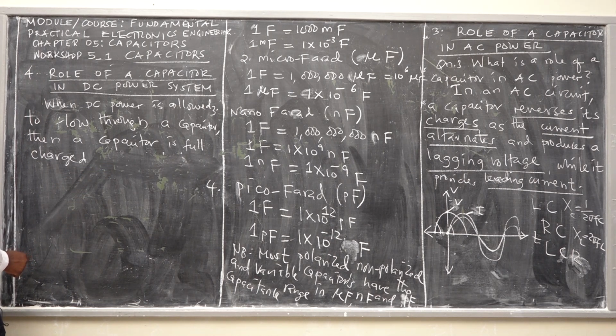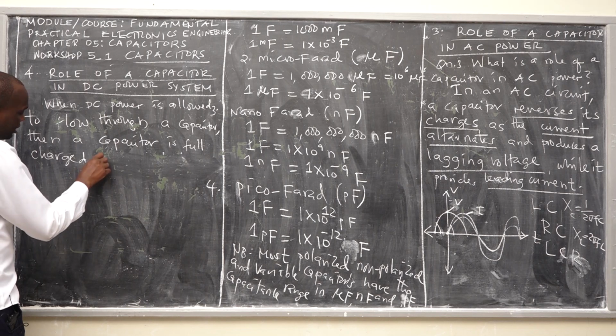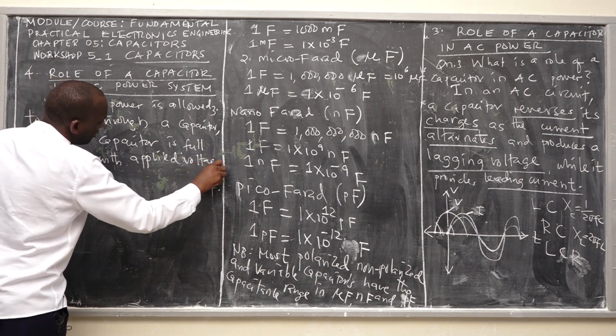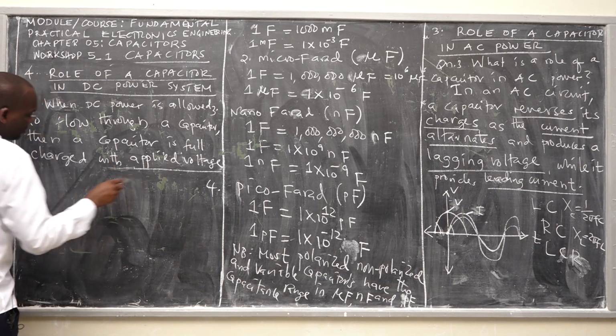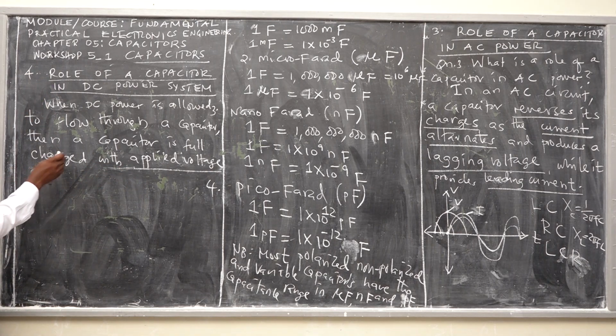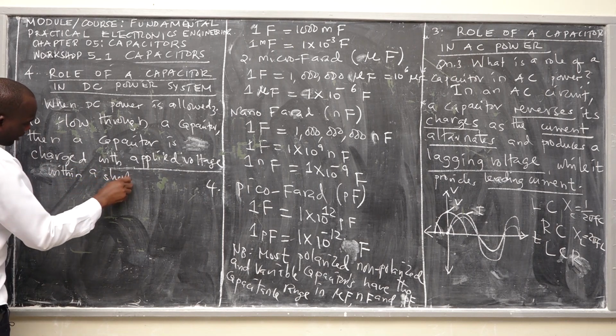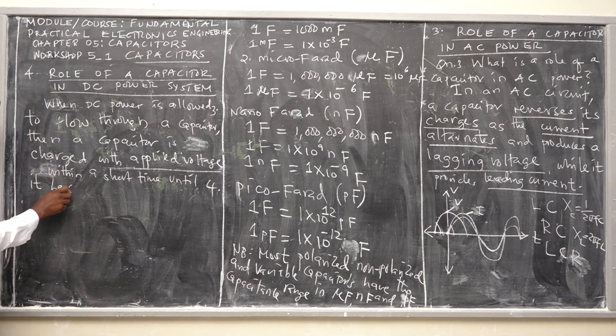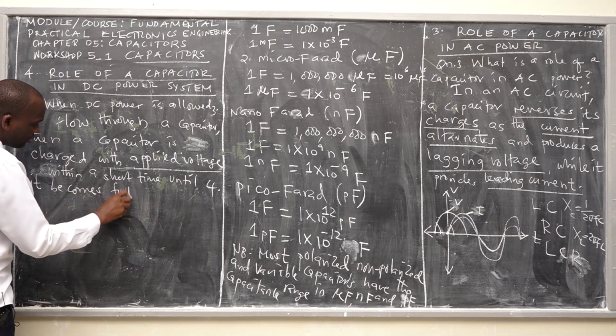So we say that when DC power is allowed to flow through a capacitor, the capacitor is charged with the applied voltage within a short time until it becomes fully charged.